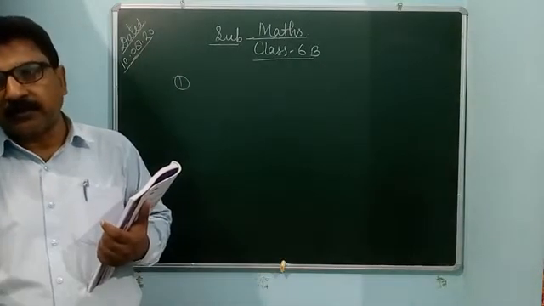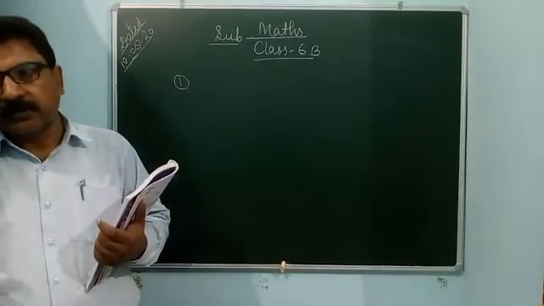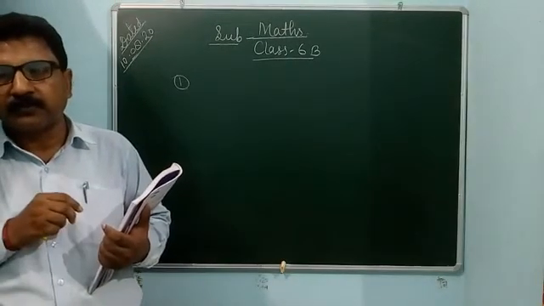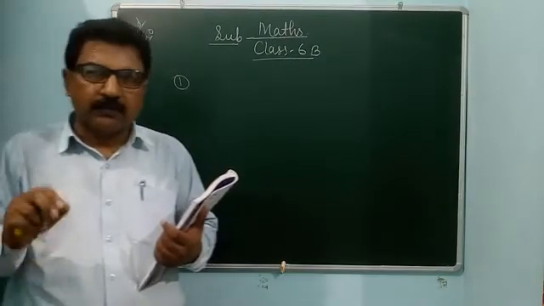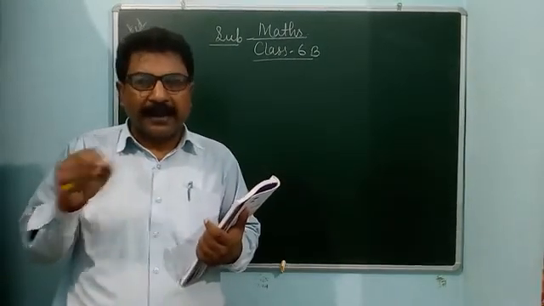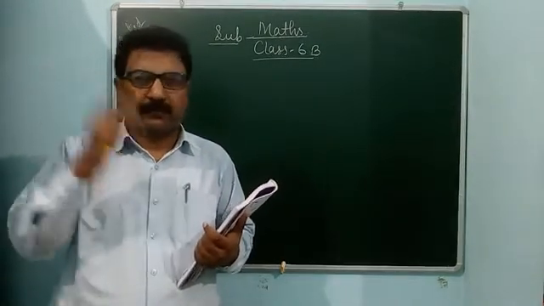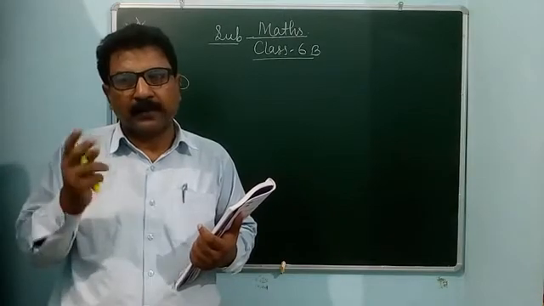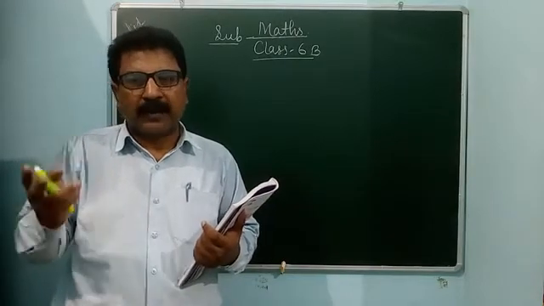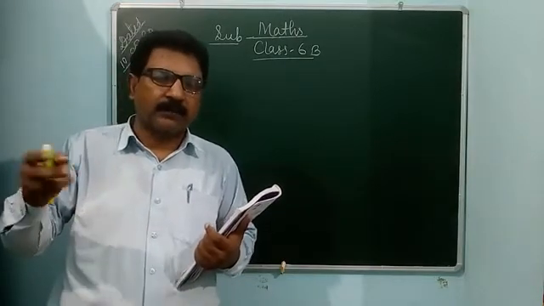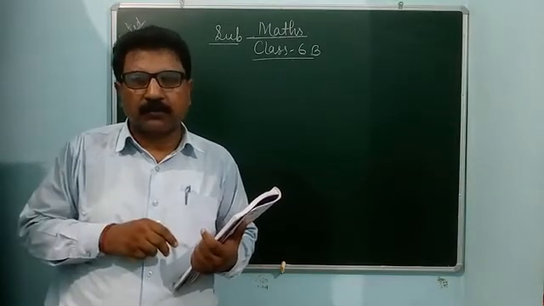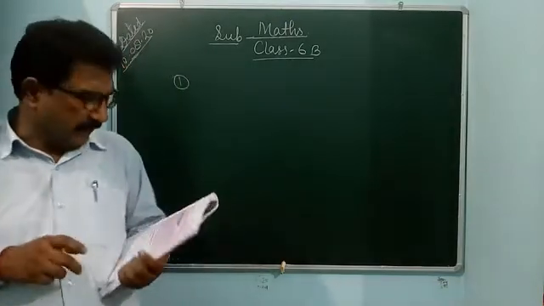And such numbers are called composite numbers if the number has more than two factors, like 4, 8, 6, 12, 15, 20. All these numbers are composite numbers. So by this property you can check this.